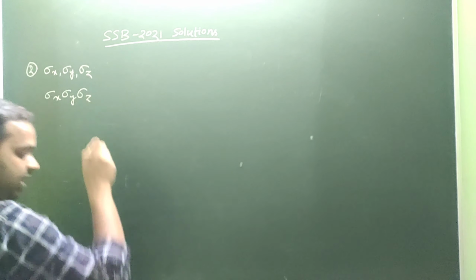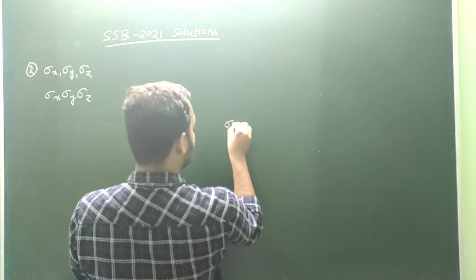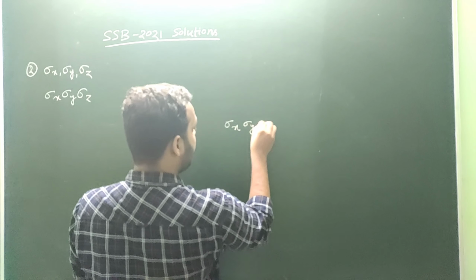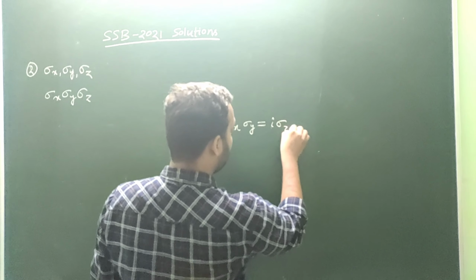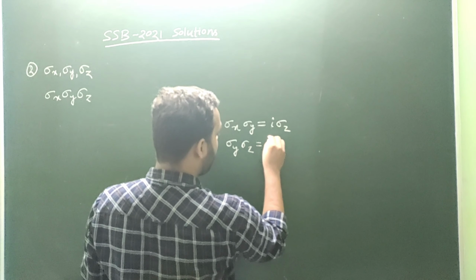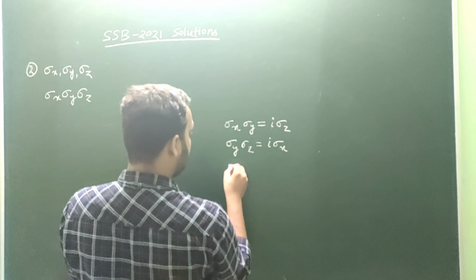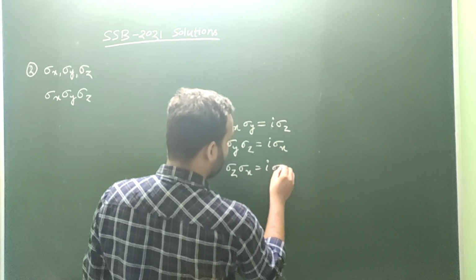If you see the properties of the Pauli spin matrices, you know that sigma x into sigma y is equal to i sigma z. Sigma y into sigma z is equal to i sigma x, and sigma z into sigma x is equal to i sigma y.